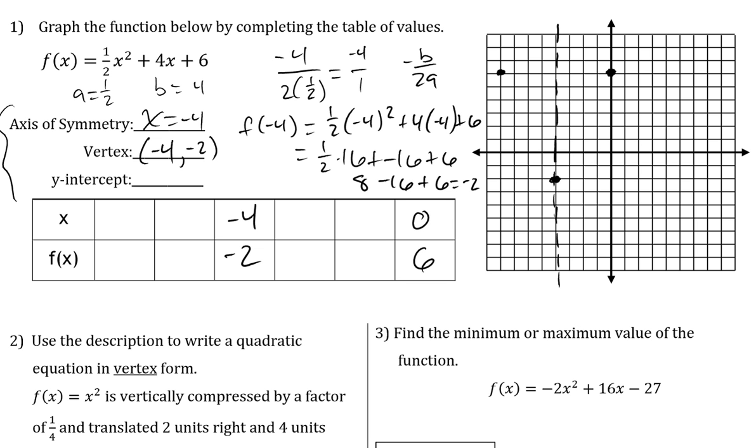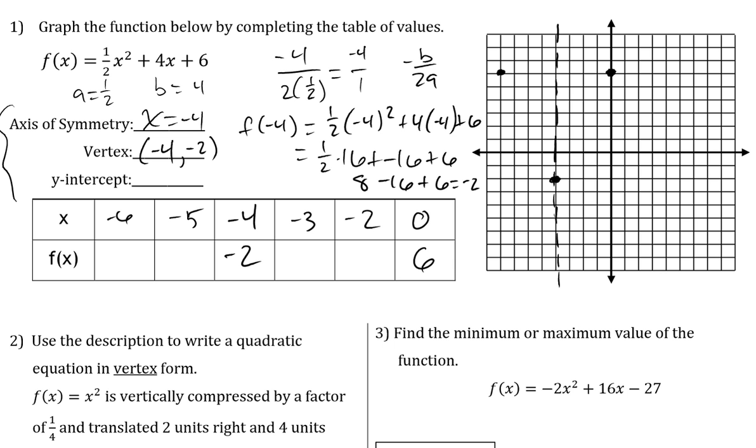It's clear that roots are going to happen somewhere in between the vertex value and the values that I plotted because of the y-intercept. So I'm going to move to -5 and -6 this way, and -3 and -2 this direction, and plug those values in and see where they're at.